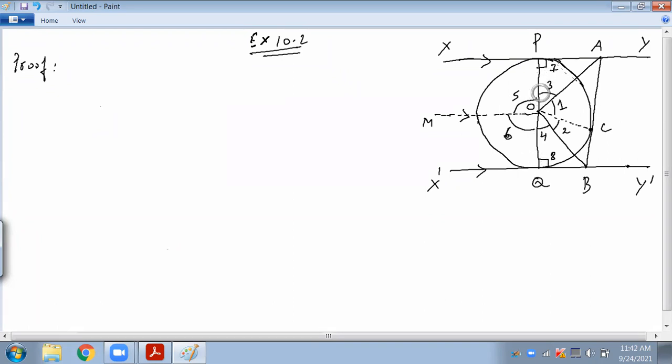Now first we know that MO is parallel to XY by construction, so angle 5 will be equal to angle 7, alternate angles.